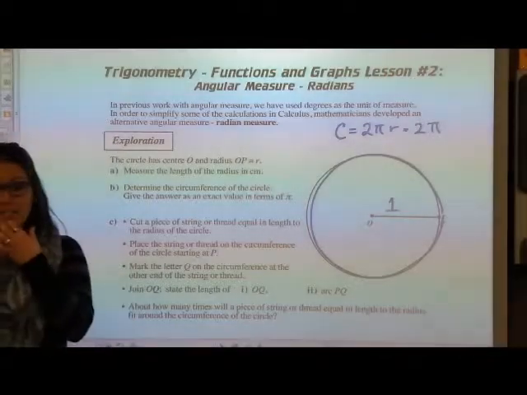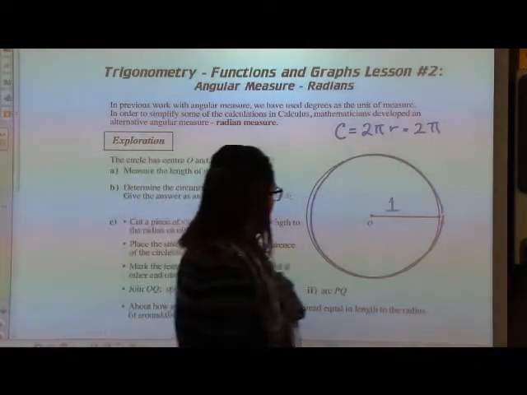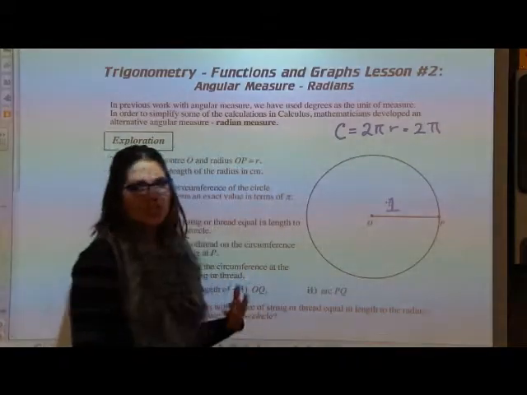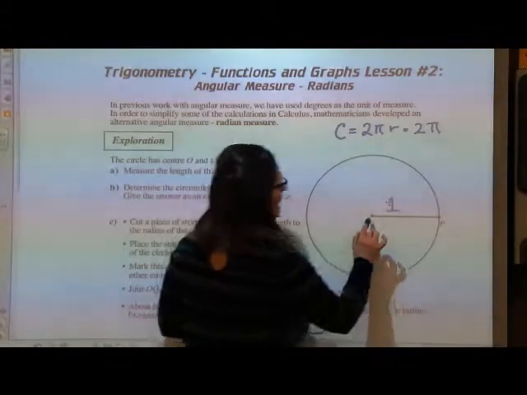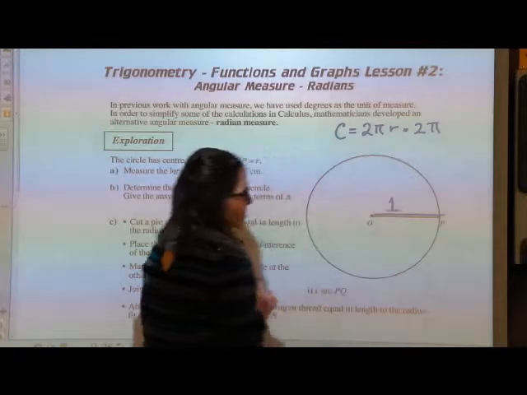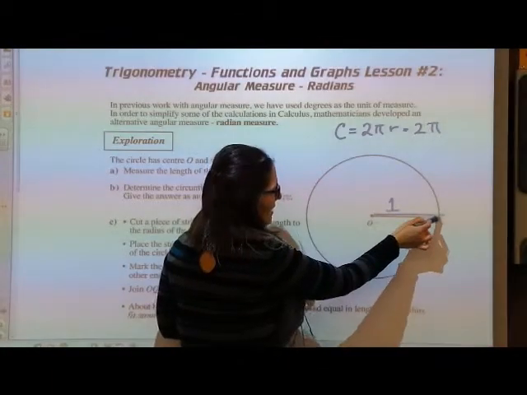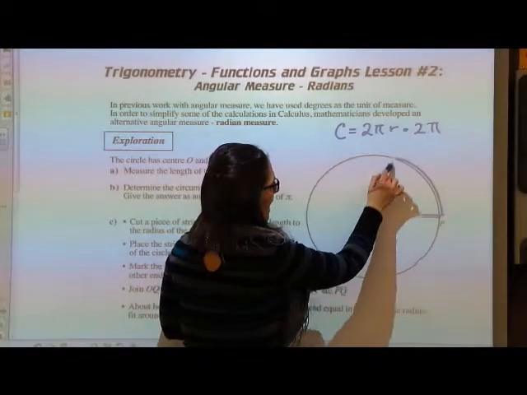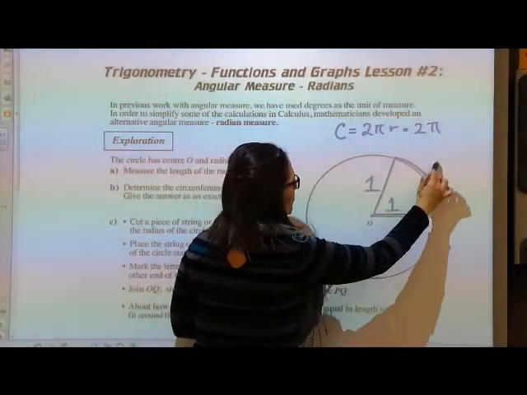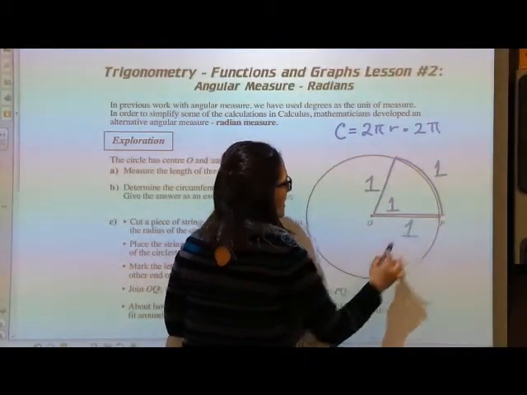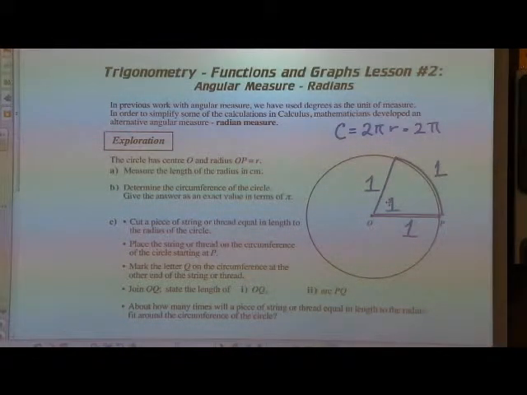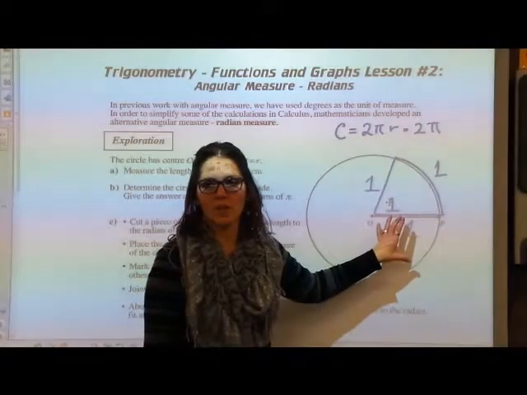A radian in itself is a proportional measurement. So the definition of a radian is if I take this radius here and I translate that length into an arc, and then I create this wedge so that all three measurements are the same, I'm basically drawing not an equilateral triangle because I've got a curved side, but it's close to being an equilateral shape.